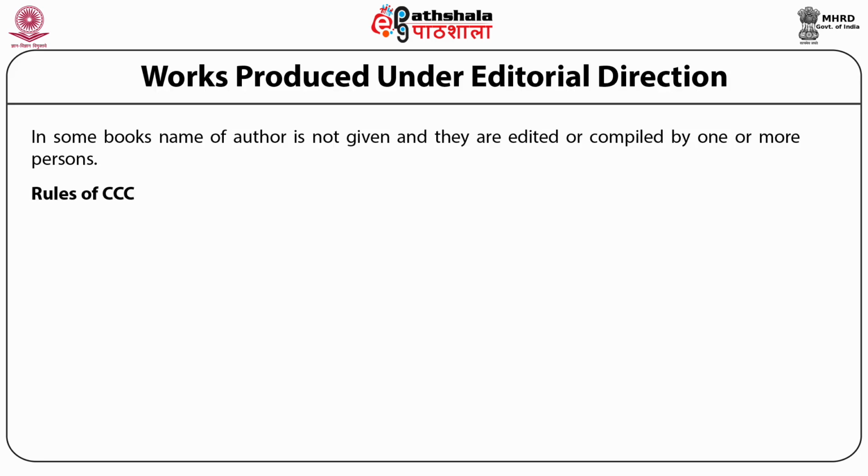Rules of CCC. CCC Rule MD51 prescribes that if the title page does not give the name of a personal author or the names of joint personal authors or indicate corporate authorship or give a pseudonym or pseudonyms in the author statement but contains the name of a collaborator, that name is to be used as heading and a descriptive element is to be added thereafter indicating the role of the person.